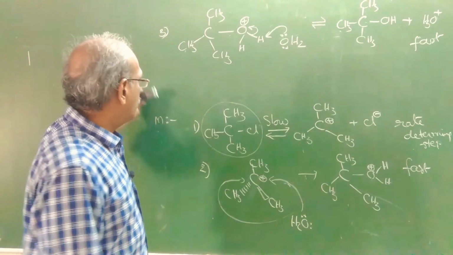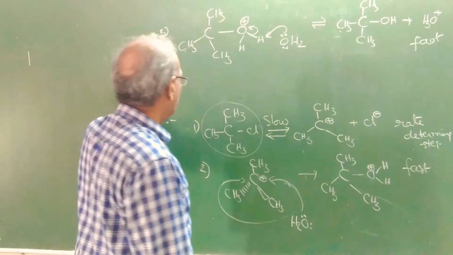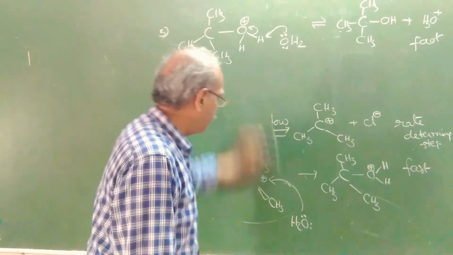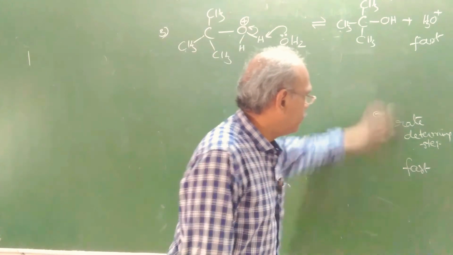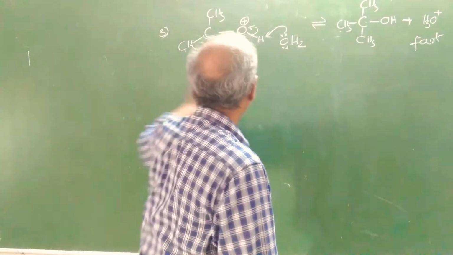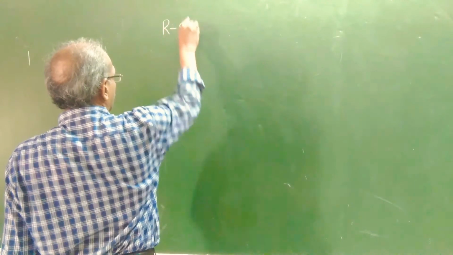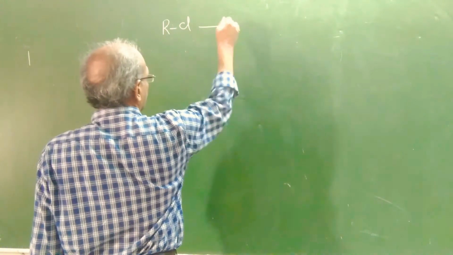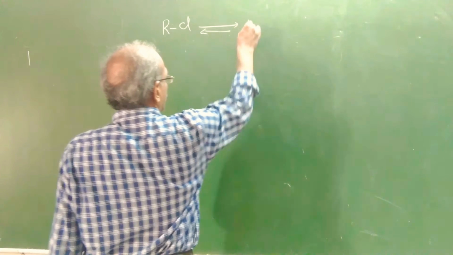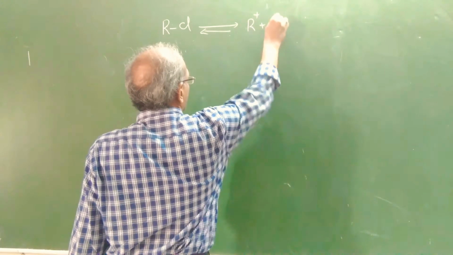Okay. Now see the kinetics, graphical representation of this. In this case we have seen 3 steps: formation of carbocation, attacking of nucleophile, and finally loss of H plus. Let's try to recollect in brief. RCl, in the first step it gives R plus and Cl minus.